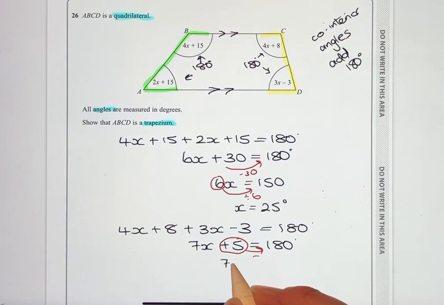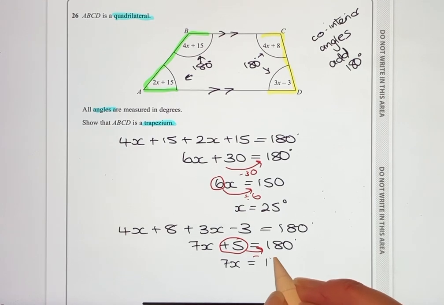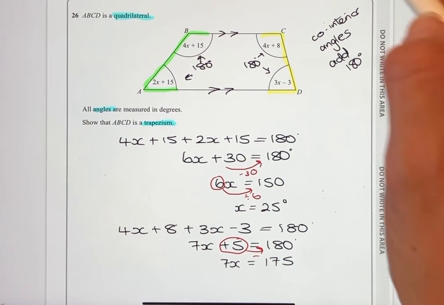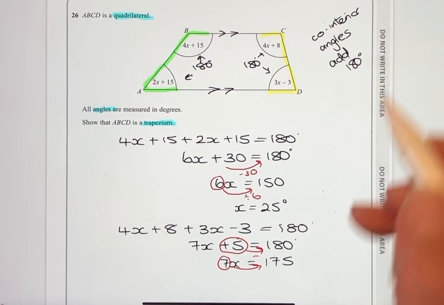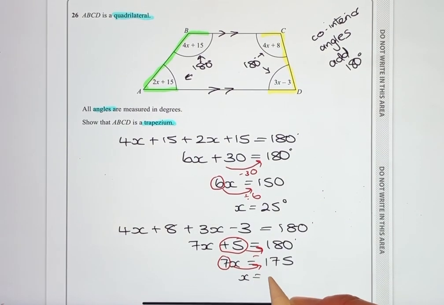So that's 7x equals 175, and then to finish it off, I'm going to divide by 7, so x equals 25.